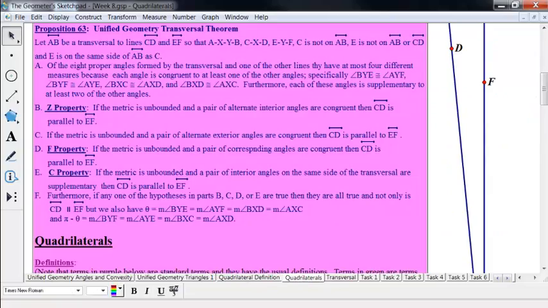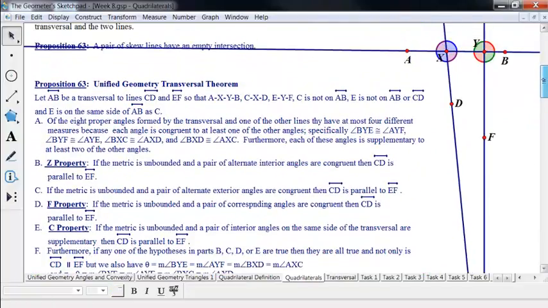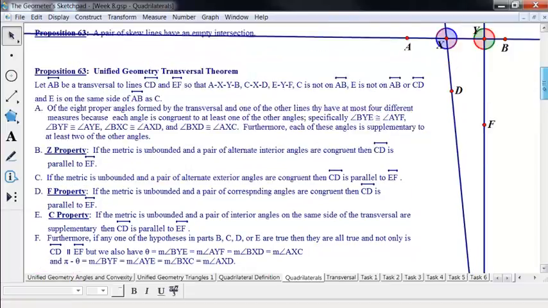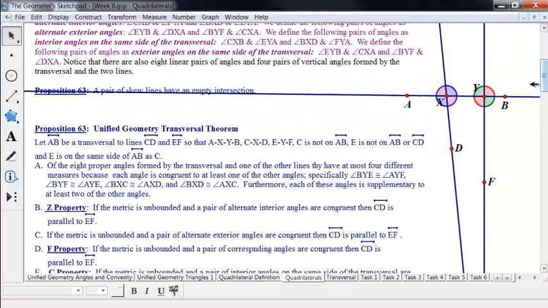Now, here's the broader theorem here. We'll now say that same setup, and the first part is pretty easy. It's just saying that even though there are 8 angles formed here, we have at most 4 sizes, because these two that are the same color, the red ones here, the green ones here, the blue ones here, or the purple ones here, are vertical angles, and we know that vertical angles are congruent.